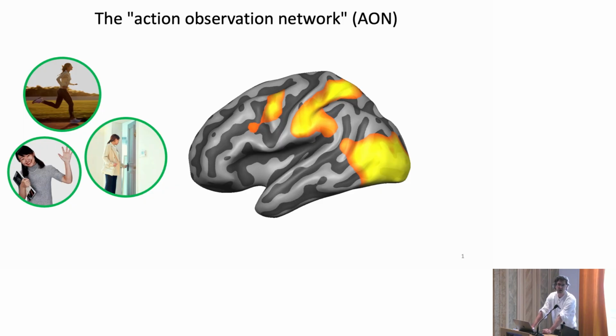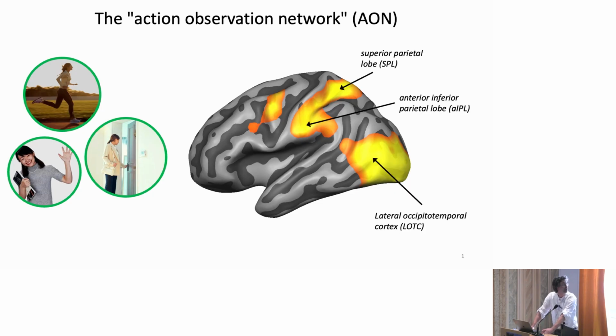Rather, it is much more widespread, and it comprises separate regions in the lateral occipital temporal cortex, the parietal cortex. So today we have learned already a lot about these two important subregions, namely the superior parietal lobe and the anterior inferior parietal lobe. And finally, the premotor cortex.